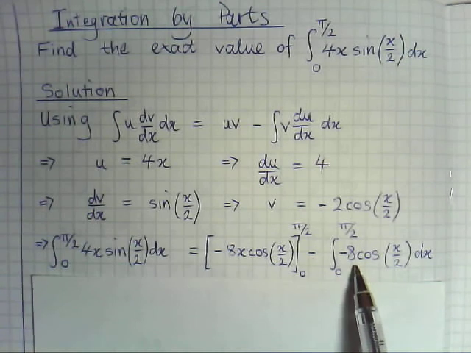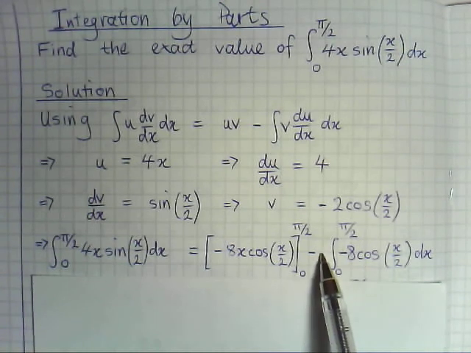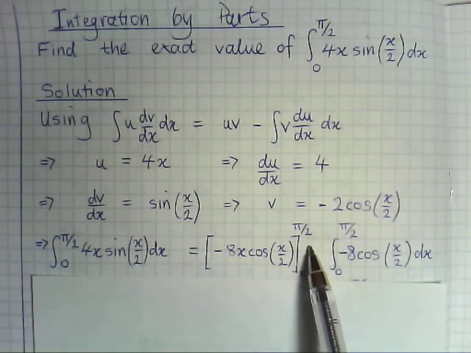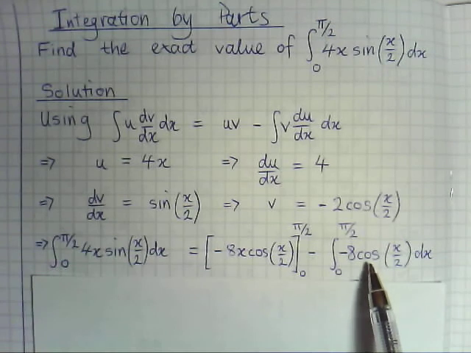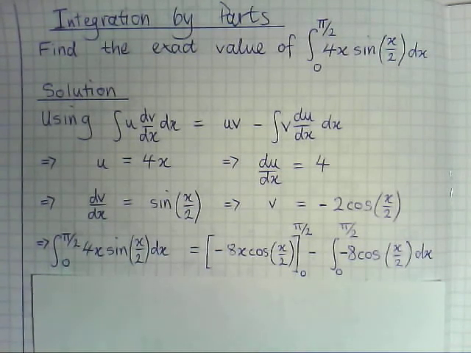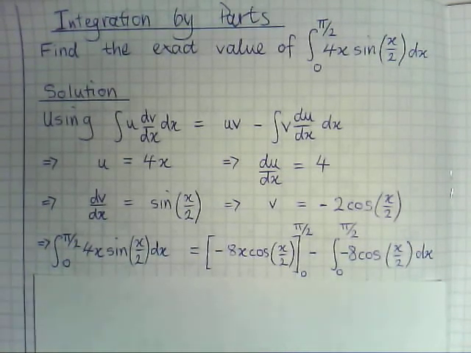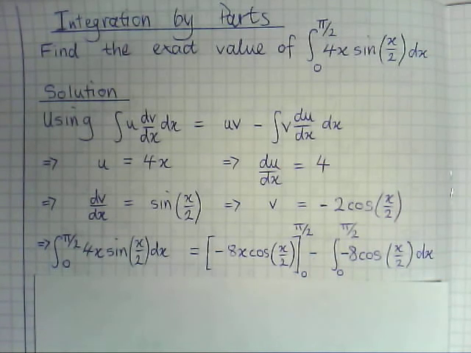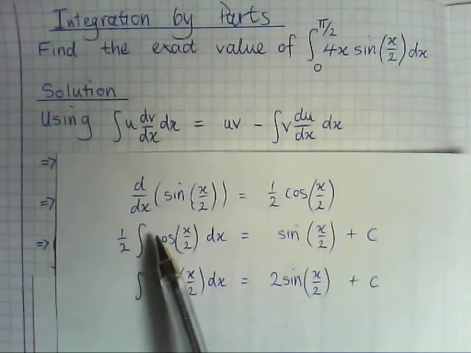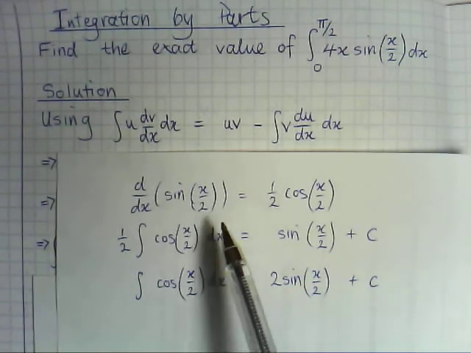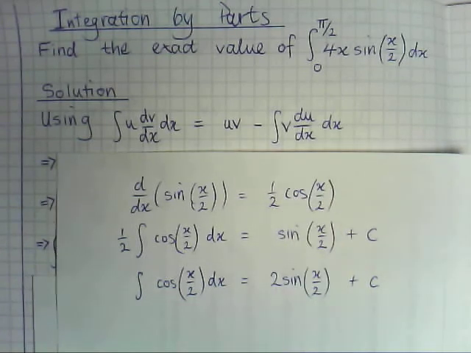Now what we could do is extract this out in front of the integration sign, and we get a positive 8. So we're just left with the integration of cos x over 2. So how do we do that? Well, in terms of thinking about integrating cos x over 2, we can think about differentiating sine x over 2, and this would give us a half cos x over 2.